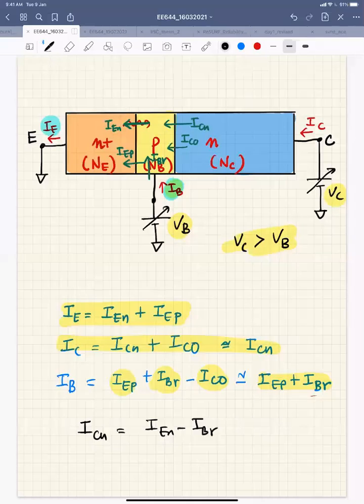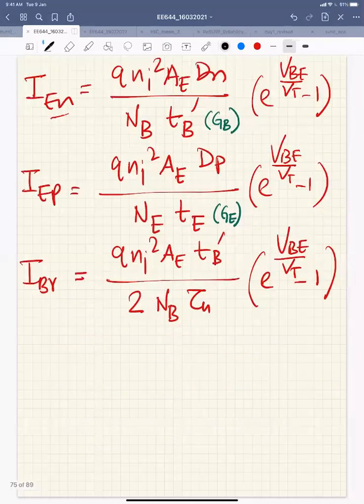Yeah, so we have already discussed this. We have also derived the current components, and you know this equation by now. So IN is Q Ni square emitter area Dn over NB TB dash.